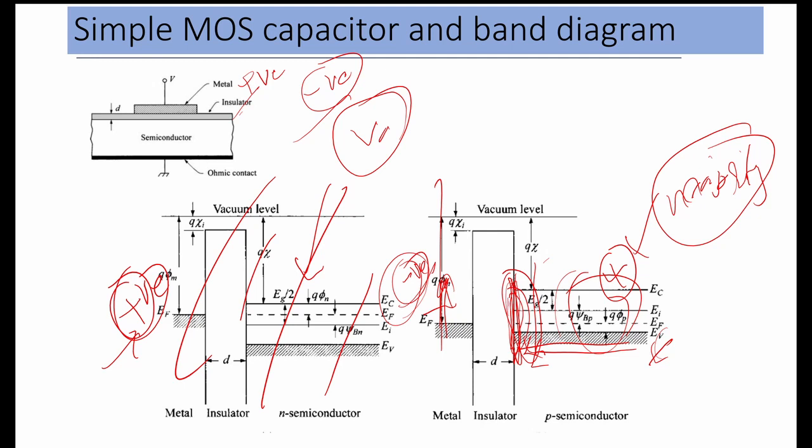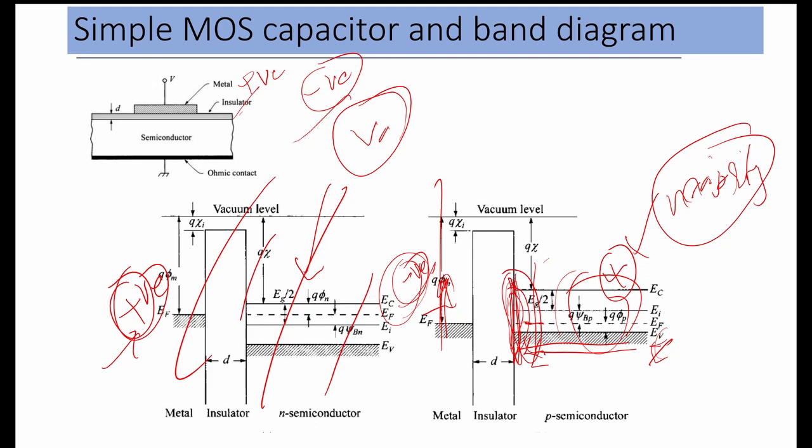Now, at this junction the bands will behave as follows: there will be fewer electrons and more holes, so the Fermi level at this junction will be closer to the EV.